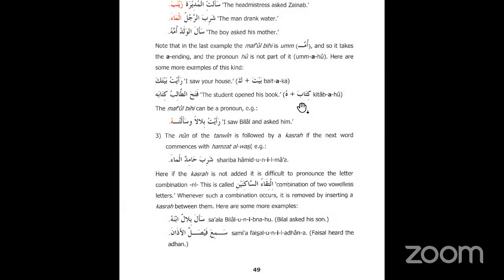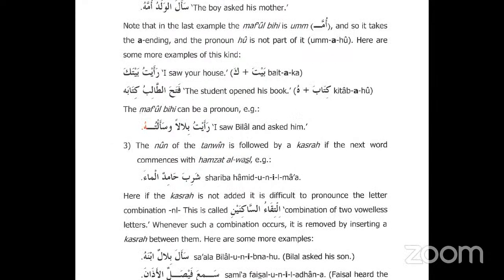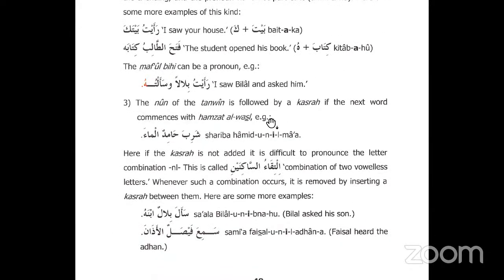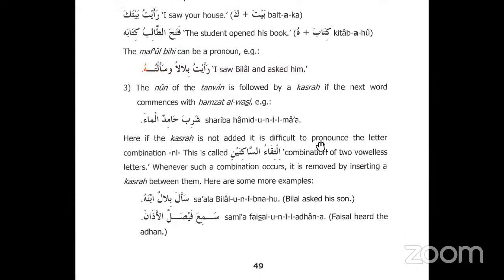Bismillahirrahmanirrahim. The noon of the tanween is followed by a kasra if the next word commences with hamzatul wasl. For example, shariba hamidun al-ma'a. Here, if the kasra is not added, it is difficult to pronounce the letter combination. This is called iltiqa' as-sakinain, the combination of two vowel-less letters.